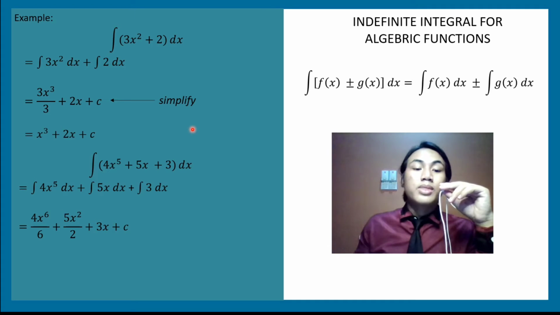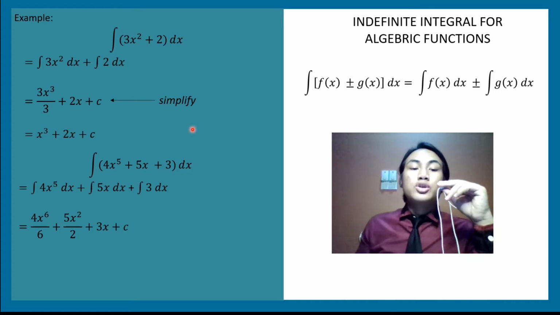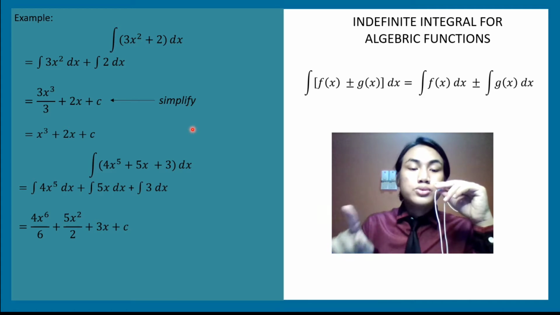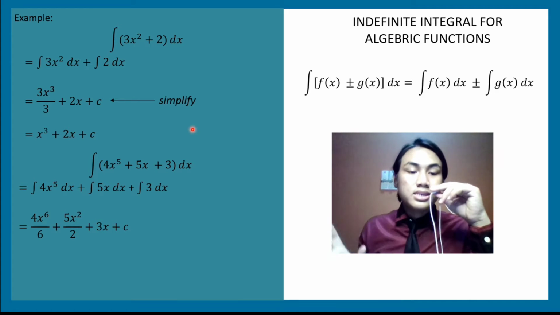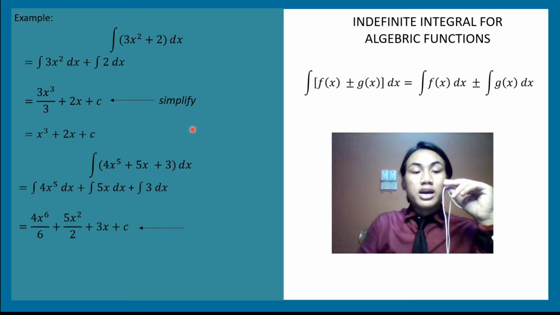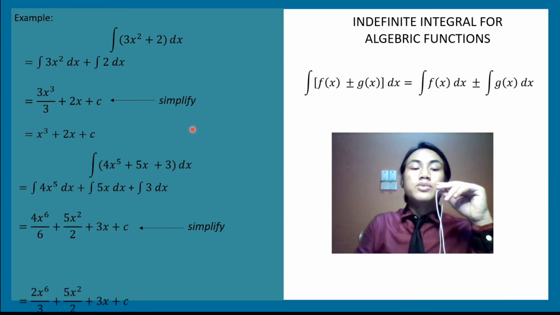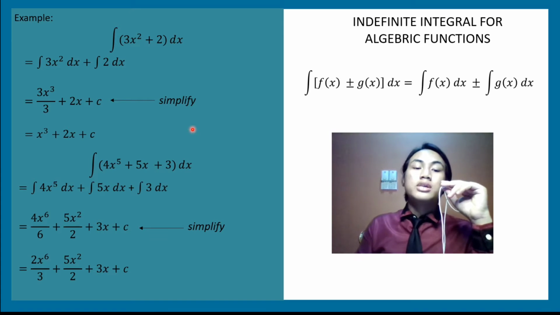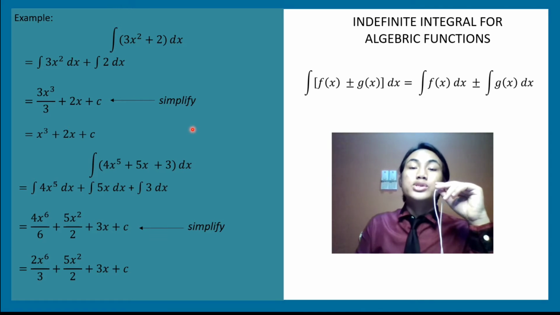So we get 4s to the power of 6 over 6 plus 5s to the power of 2 over 2 plus 3s plus c. We can simplify 4 over 6 to 2 over 3, so we write 2s to the power of 6 over 3 plus 5s squared over 2 plus 3s plus c.